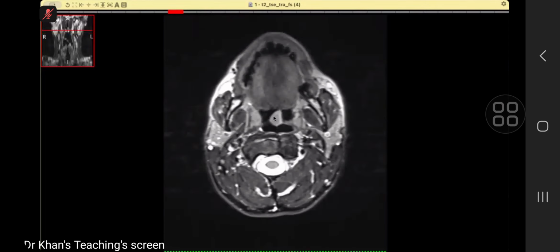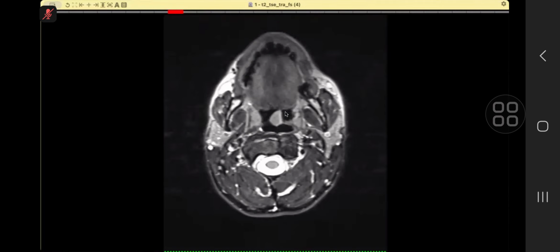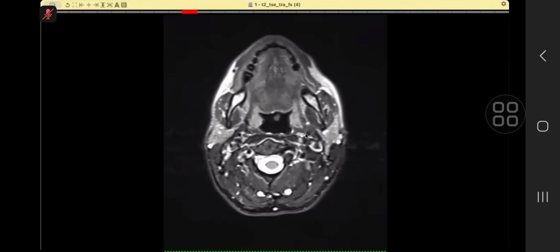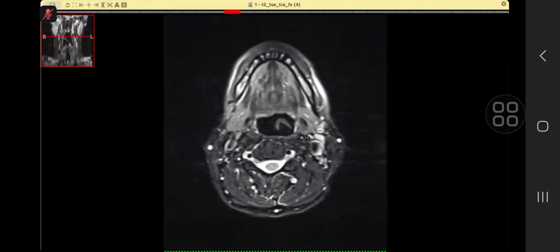Also, I could appreciate another focus of mixed intensity in the posterior aspect. So this could be ectopic thyroid tissue in the retroglottic region. Madam, where you are pointing out, that's the uvula. That's a normal structure. That's nothing. So just concentrate on the other finding.